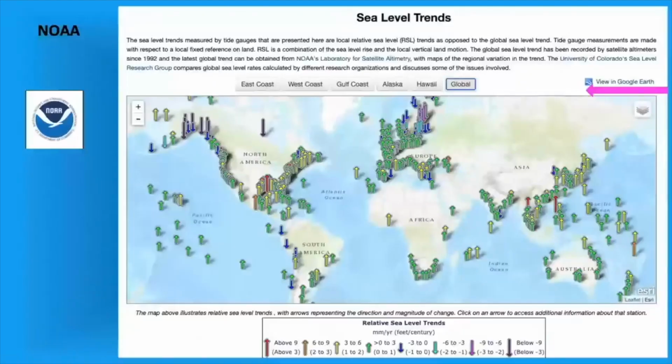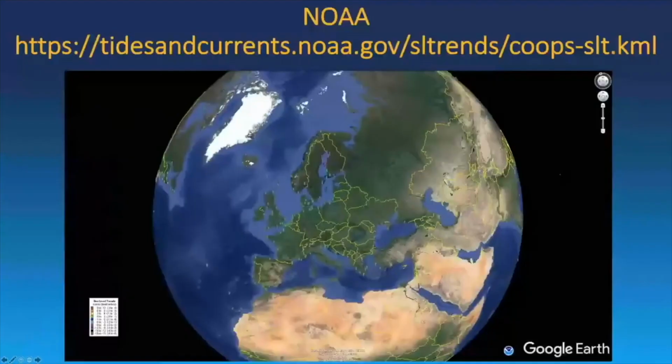They present this kind of map where you can see in the legend that there are places where relative sea level is going up, and the arrows are up, and places where, imagine, sea level is going down and the arrows are down. And here you have the trends represented by different colors.